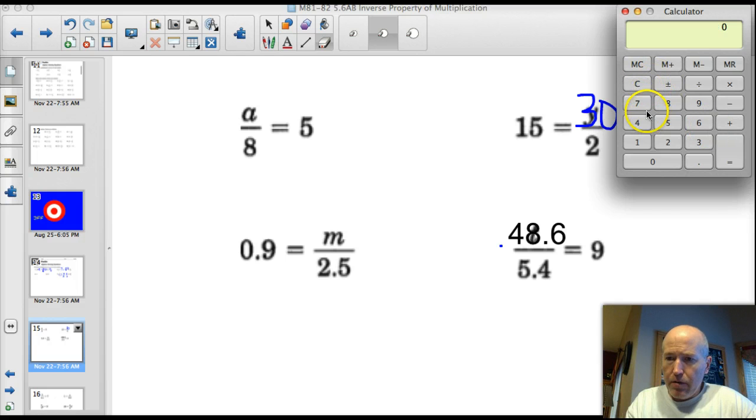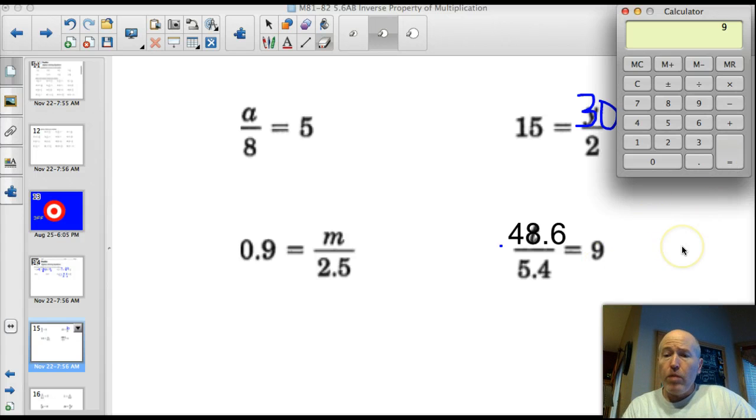So I'm going to take 48.6 and divide it by 5.4, because that's what it means. 48.6 divided by 5.4, and if we're living in a perfect world, that's going to equal 9. Yes, we got it.